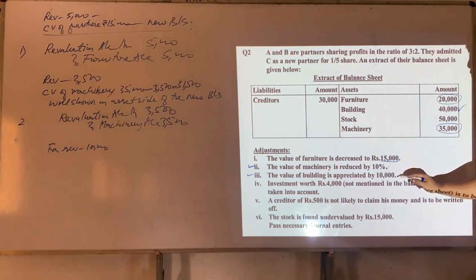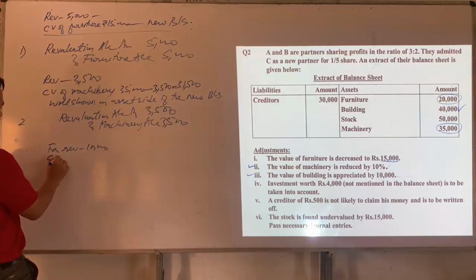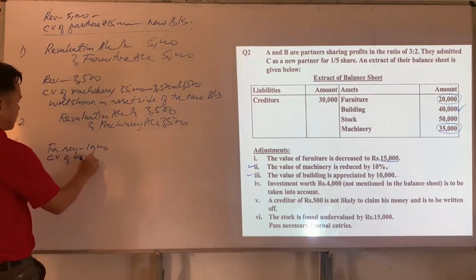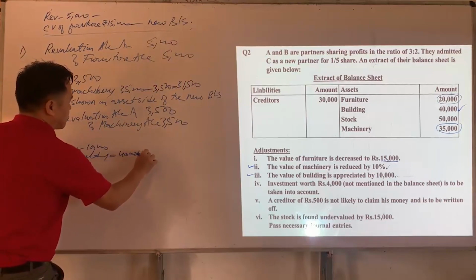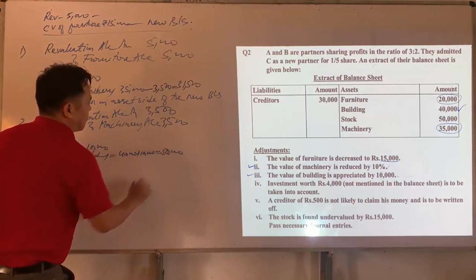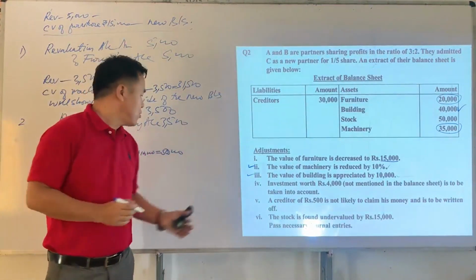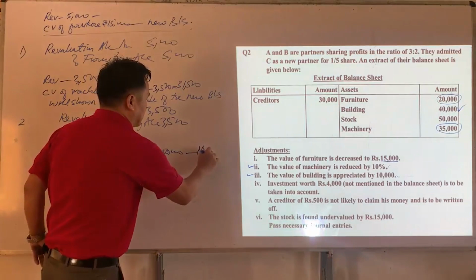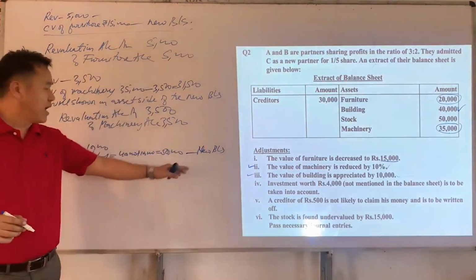So this amount of 10,000 should be added to the book value of building. The current value of building is rupees 40,000 plus 10,000, which is 50,000. The current value of building is 50,000, which will be shown on the asset side of the new balance sheet.